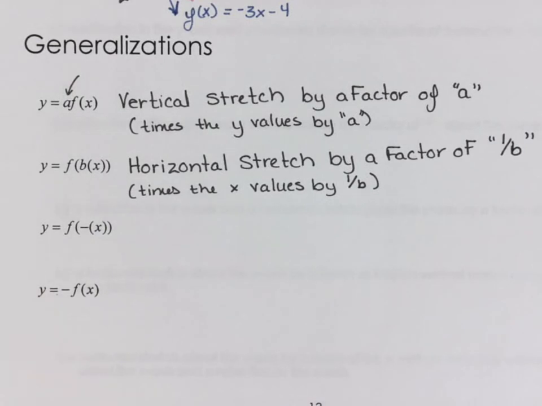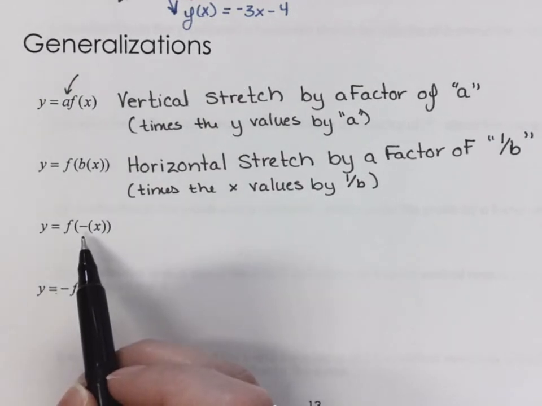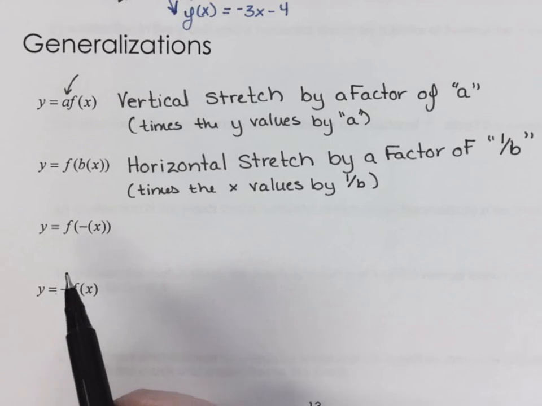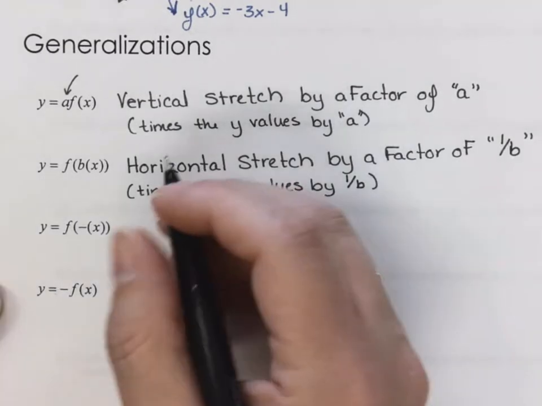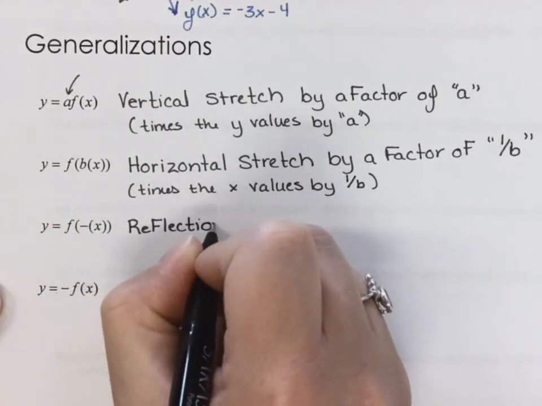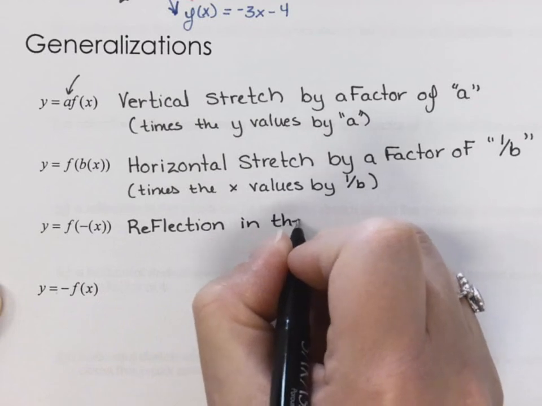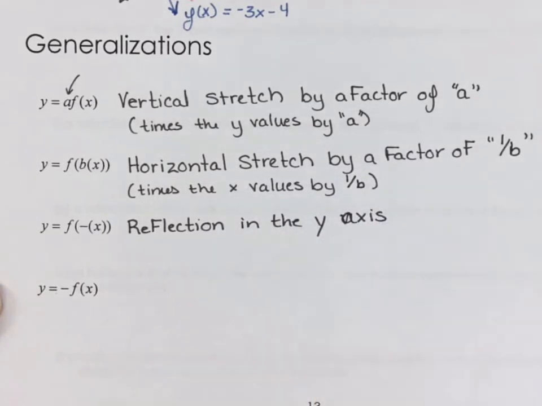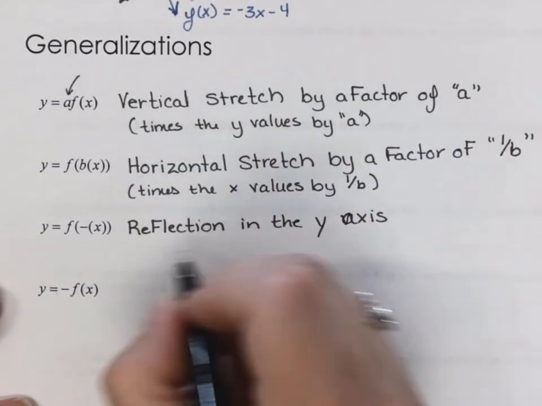All right, so if I'm timesing my x values by -1, what is the transformation that happens? Well, it's not a stretch because it's by a factor of 1, so that means it stays the same. It's a reflection where? In the y-axis.